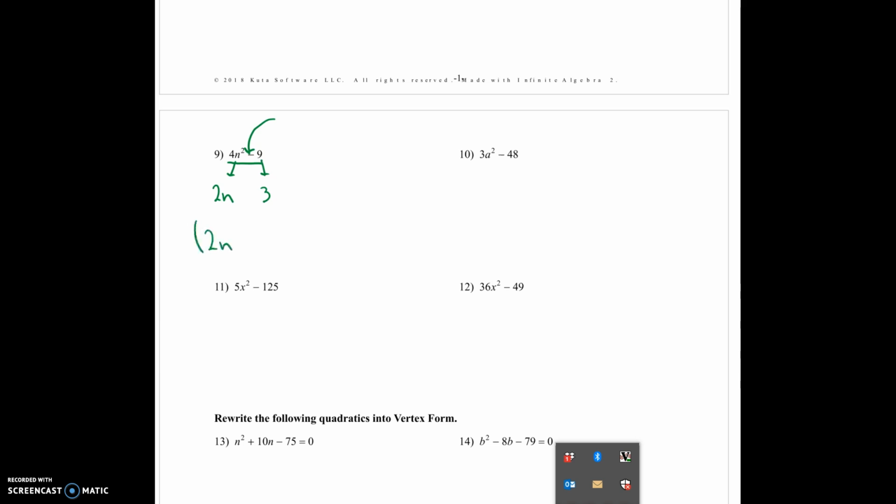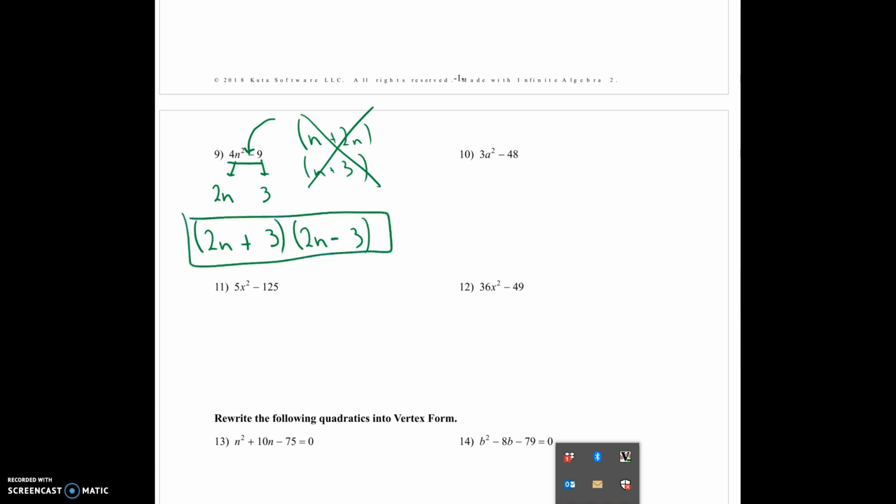The 2n and 3 fill both factors. So a different thing that I've seen, this will not be correct: I've seen n plus 2n and n plus 3, and that's not right. Your factors are going to be 2n plus 3 and 2n minus 3, and now this has been factored. When you go to 10, again, look for a GCF, and this one actually does have a GCF.